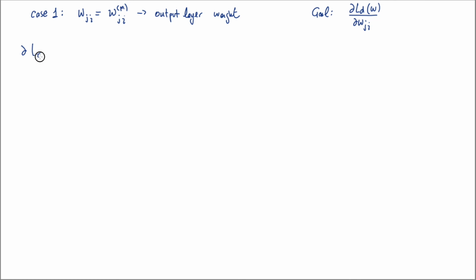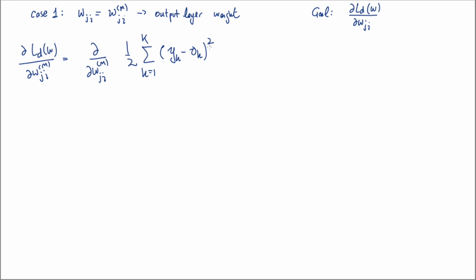So dL/dW. What is this thing? Let me make it really clear that I'm looking at this particular weight. It's the derivative of one half times the sum from k equals 1 to K of (yk minus output k) squared.